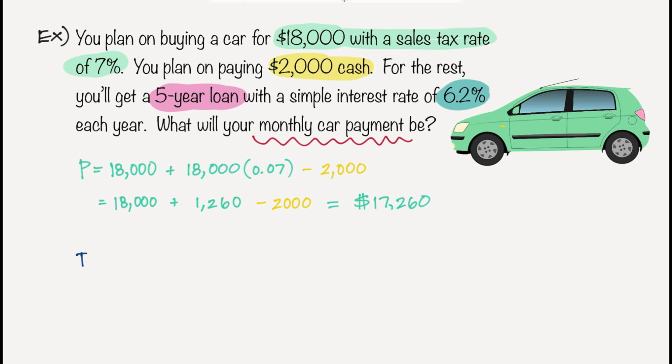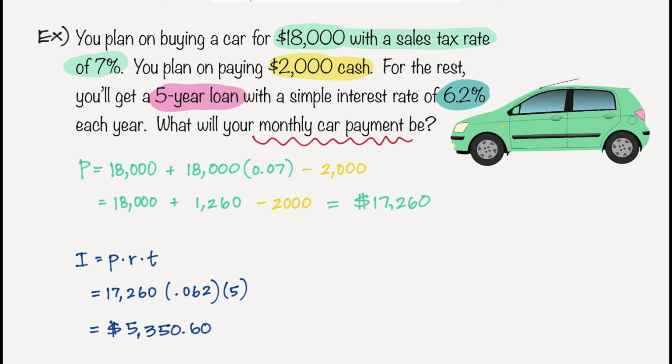Okay, so this is the starting amount again that I'm going to ask the bank for in terms of a loan. So let's calculate the interest that they are going to charge me for borrowing this much money. This is going to be $17,260 times the interest rate, which as a decimal will be 0.062, times the time, which is 5 years. So when I put this into my calculator, I find that I'm going to have to pay an extra $5,350.60.